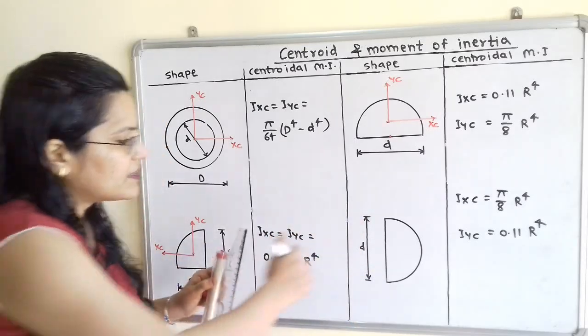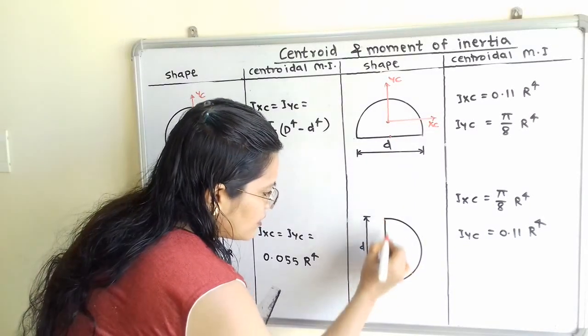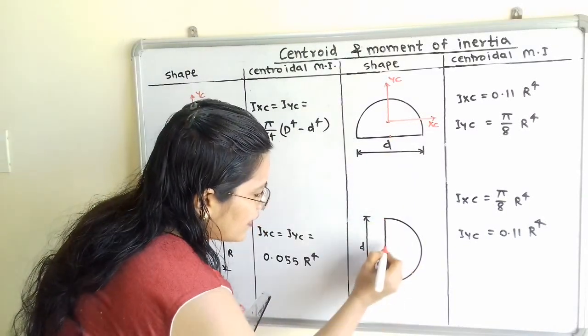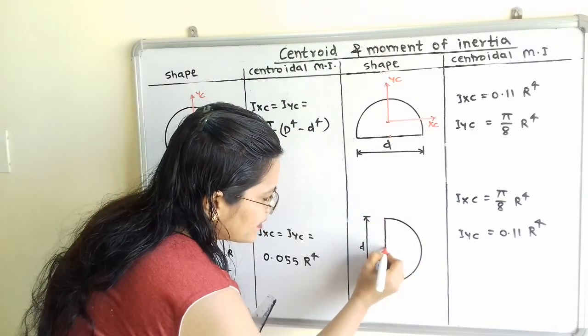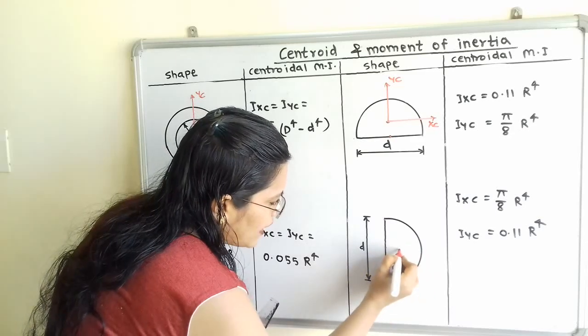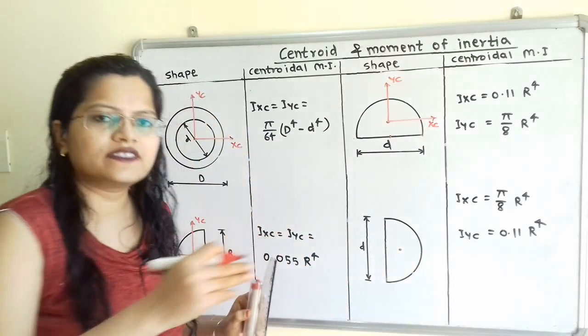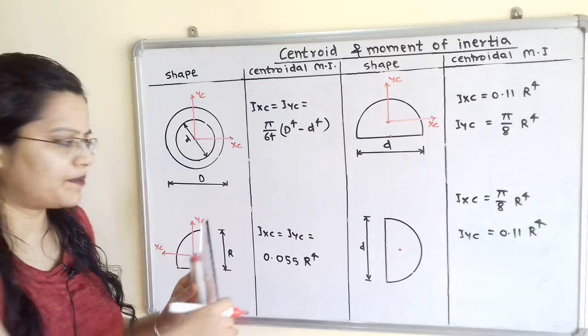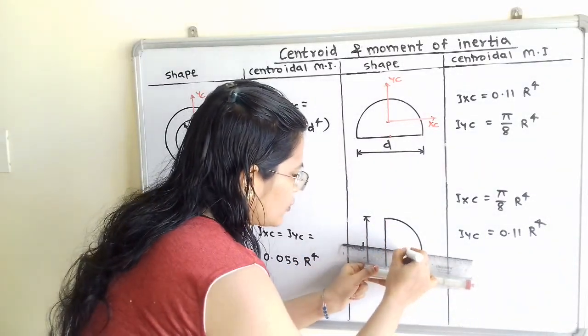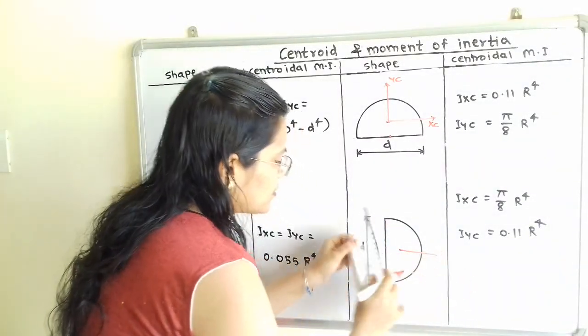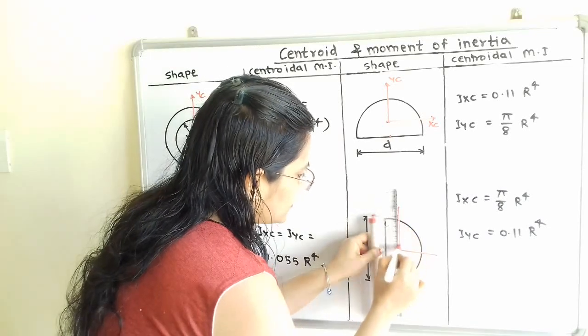Then here is the centroid, that is along this vertical line we will select middle point, and then along this horizontal line we will select the point at a distance of 4r by 3 pi. Then we will show here Xc as well as Yc.